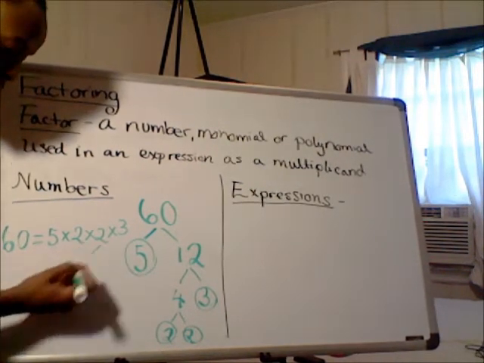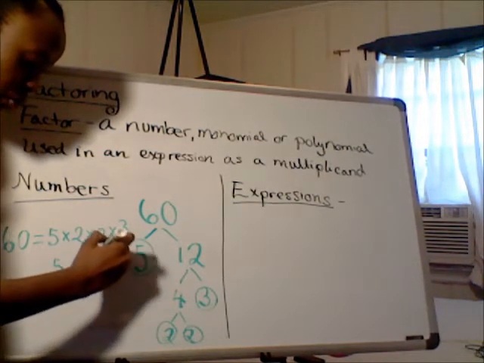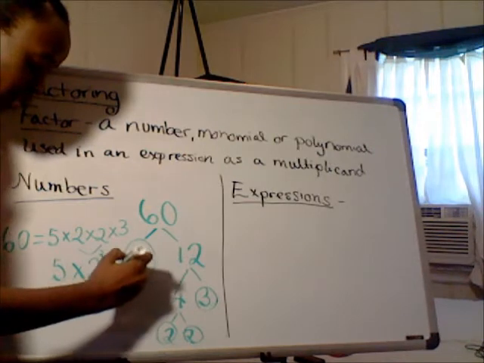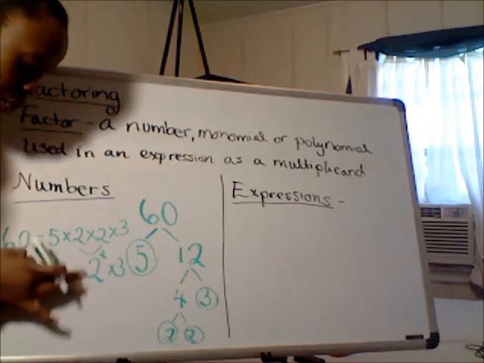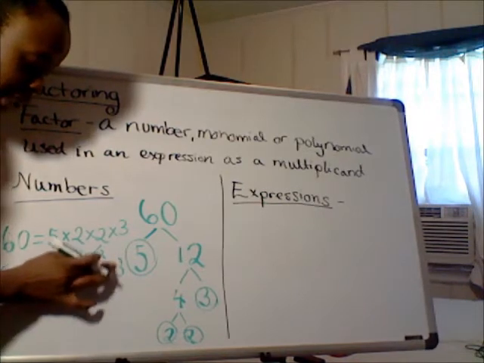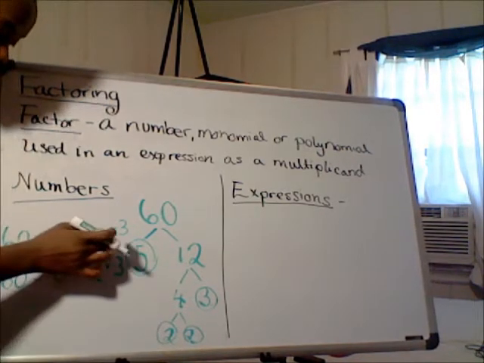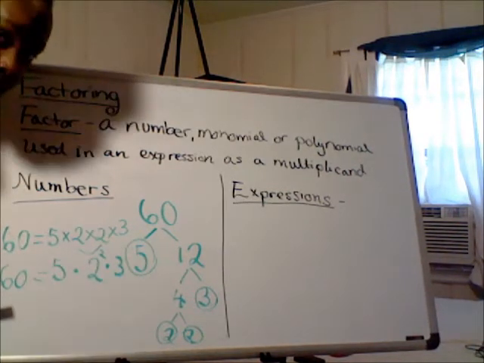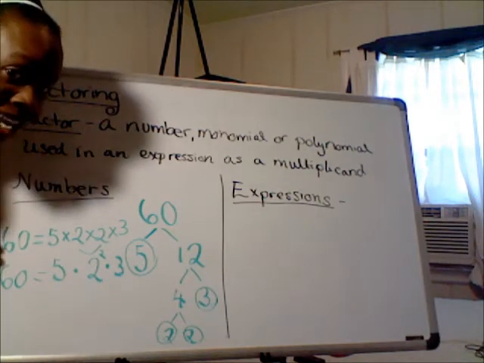Another way to write this, since I have two 2s, I could say 5 times 2 to the second power times 3. So I could also rewrite it this way. And then, of course, since we're in high school, we like to use dots to indicate multiplication instead of the x, because we also have variables with x's. So this is how you would factor a number.